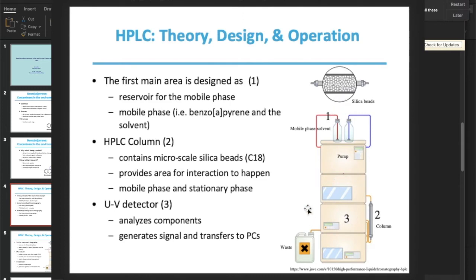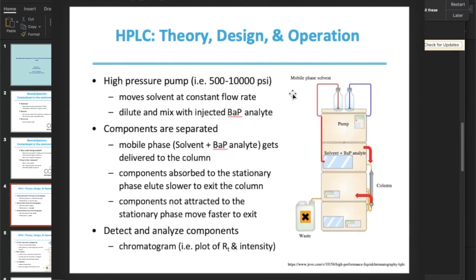The pump is located right here and functions to push the mobile phase through the system and to exit the column. Just one analyte is injected into the solvent in the machine.